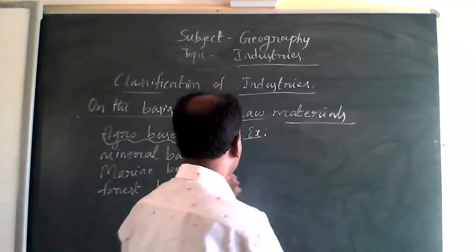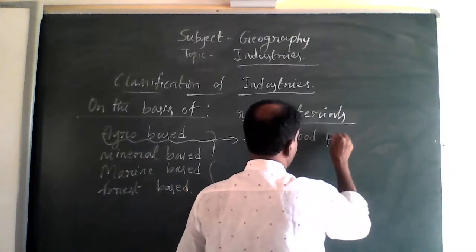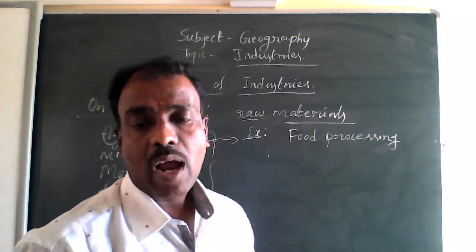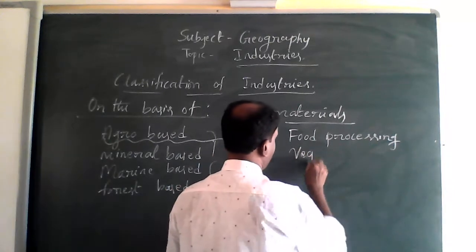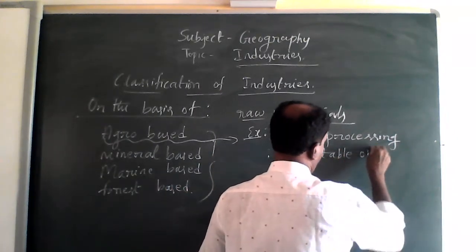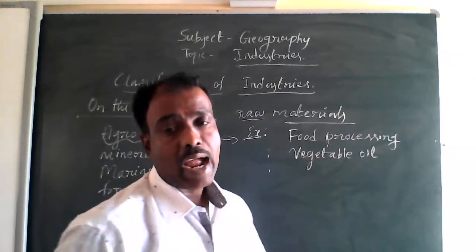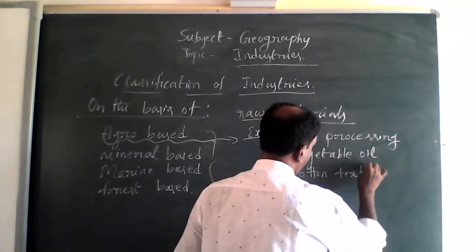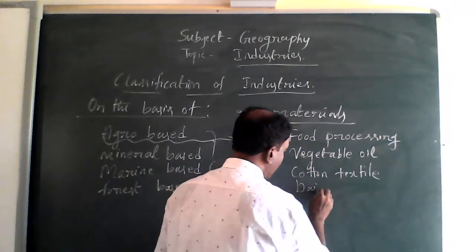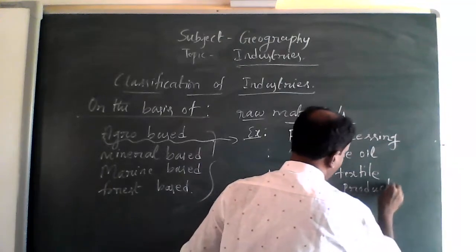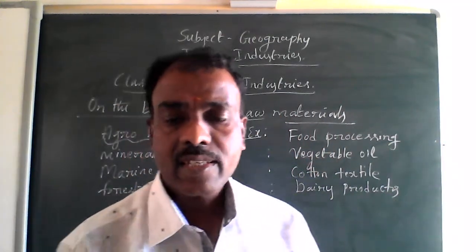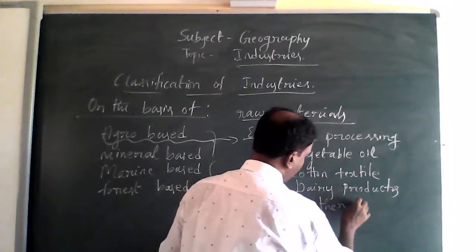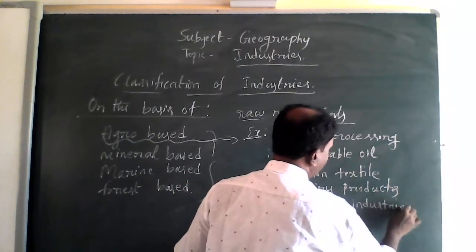So examples: food processing, and vegetable oil, and cotton textile, and dairy products, and even the leather industries also. So these are some of the examples.